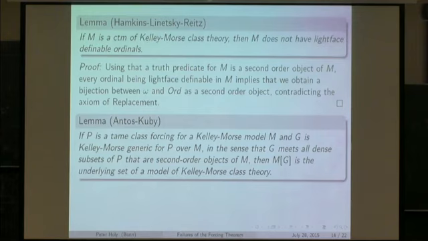Another lemma that we're going to use is that if P is a tame class forcing, tame just means preserving the axioms of ZFC, for a Kelley-Morse model M, and you have a generic filter for this forcing which is Kelley-Morse generic, which means it doesn't only intersect all the dense subclasses of the forcing, but it intersects all the second-order objects of your Kelley-Morse model which are dense in the forcing, then the generic extension is again the underlying set of a model of Kelley-Morse class theory.